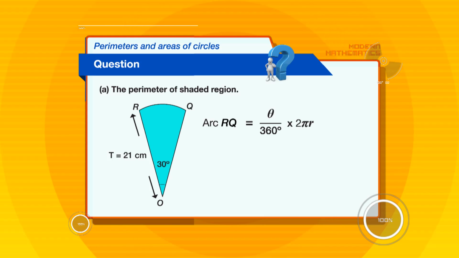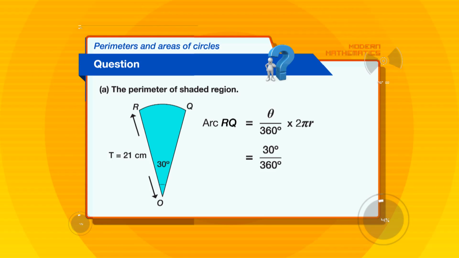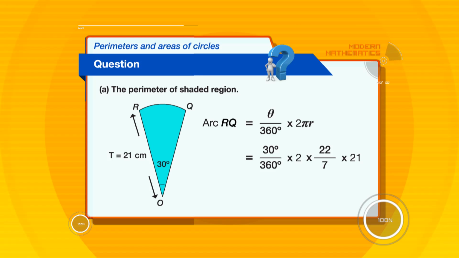Taking pi as 22 over 7, we substitute these values into the formula and we have 30 degrees over 360 degrees times 2 times 22 over 7 times 21, and that will give you 11 centimeters, which is the length of arc RQ.